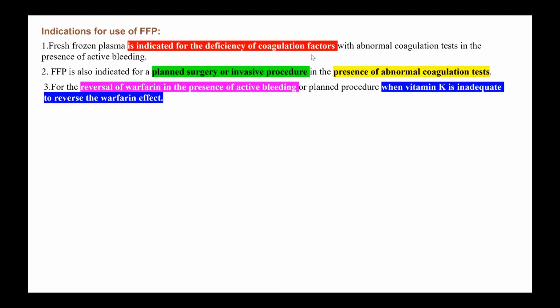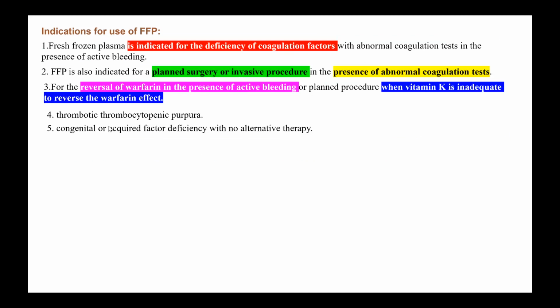And the indications for use of FFP are deficiency of coagulation factors, and also for planned surgery or invasive procedure. Warfarin in presence of active bleeding when vitamin K is inadequate, and in cases of thrombocytopenic purpura, congenital or acquired factors deficiency with no alternate therapy, and trauma patients requiring massive transfusion.